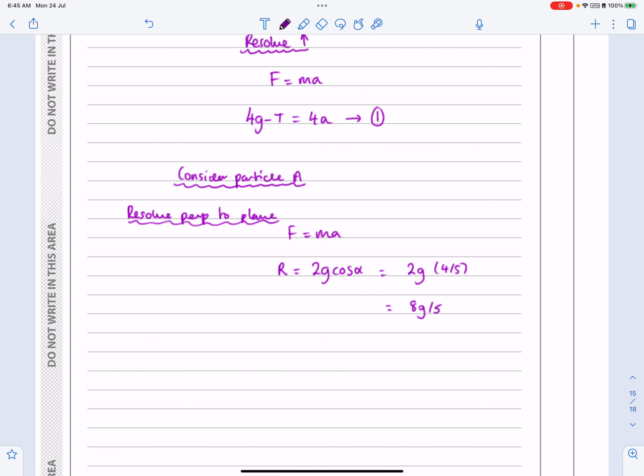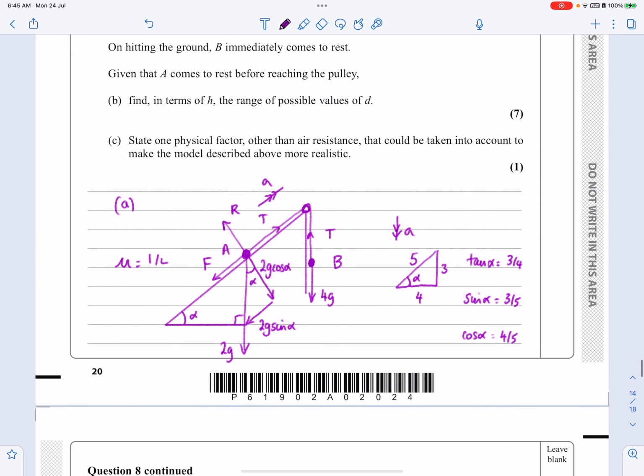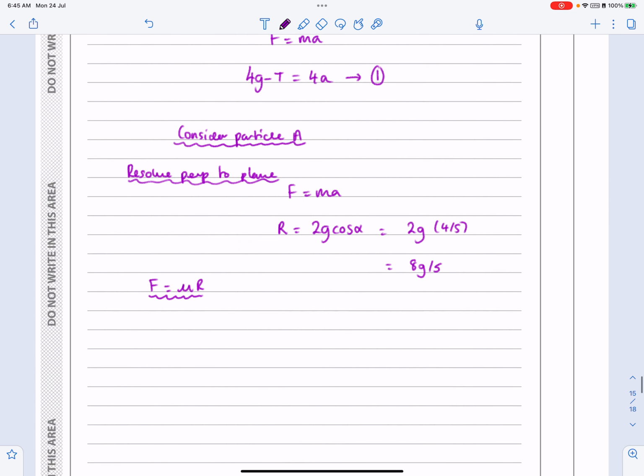So I knew before I did that the reason I was going to do that was because my next step was going to be F equals mu R. If they'd wanted to, they could have made this a bit simpler by either having a smooth plane and there was no F acting there, or by saying F is equal to 10 newtons or 100 newtons. Then I could have got away with not having to do the F equals mu R, but actually, no, they want you to do this, don't they?